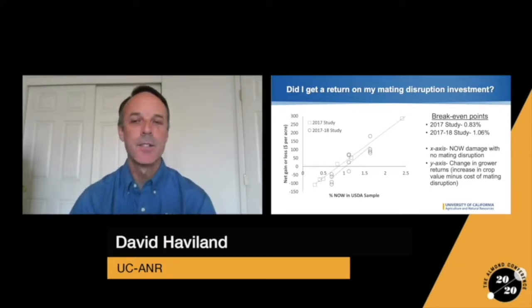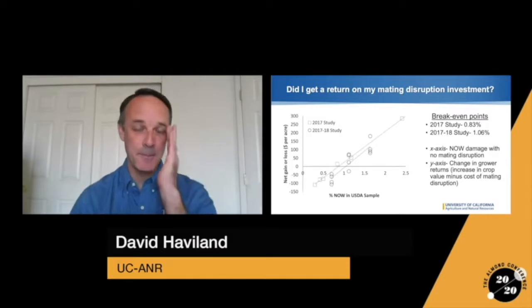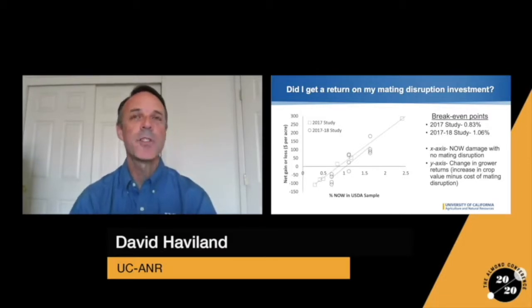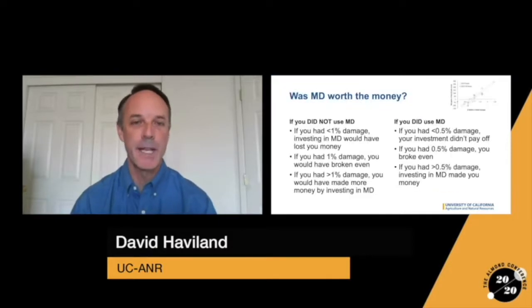So what does that mean? If you're someone that didn't use mating disruption, let's ignore the research trials now. Let's talk about your fields. If you had an almond orchard this year and you did not use mating disruption on it, and it's a square, at least 40 acres and so on, if you had less than 1% damage in that orchard, if you had bought mating disruption, you would have lost money on the deal.